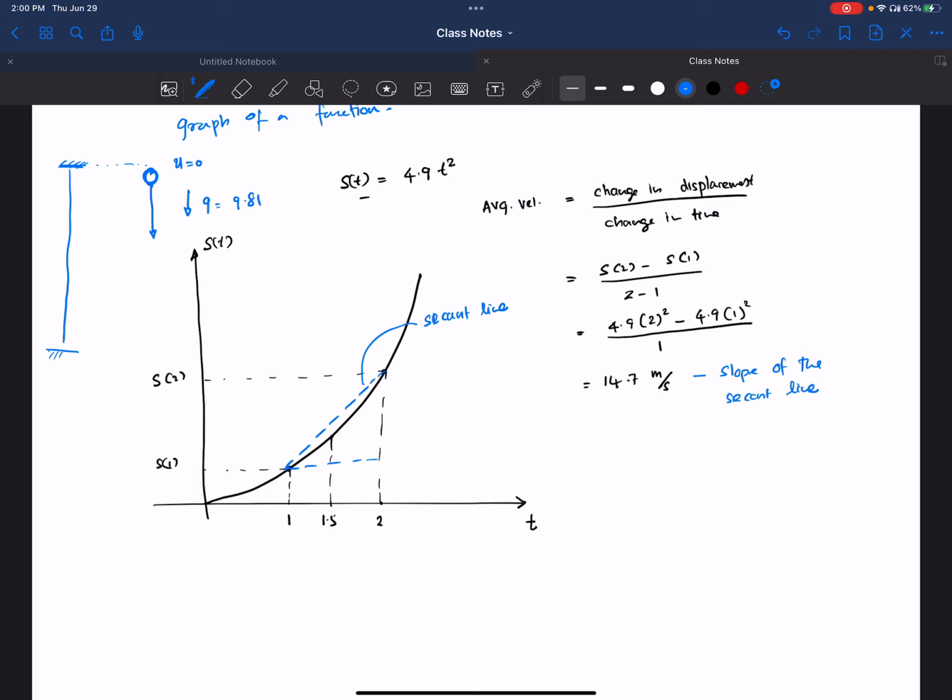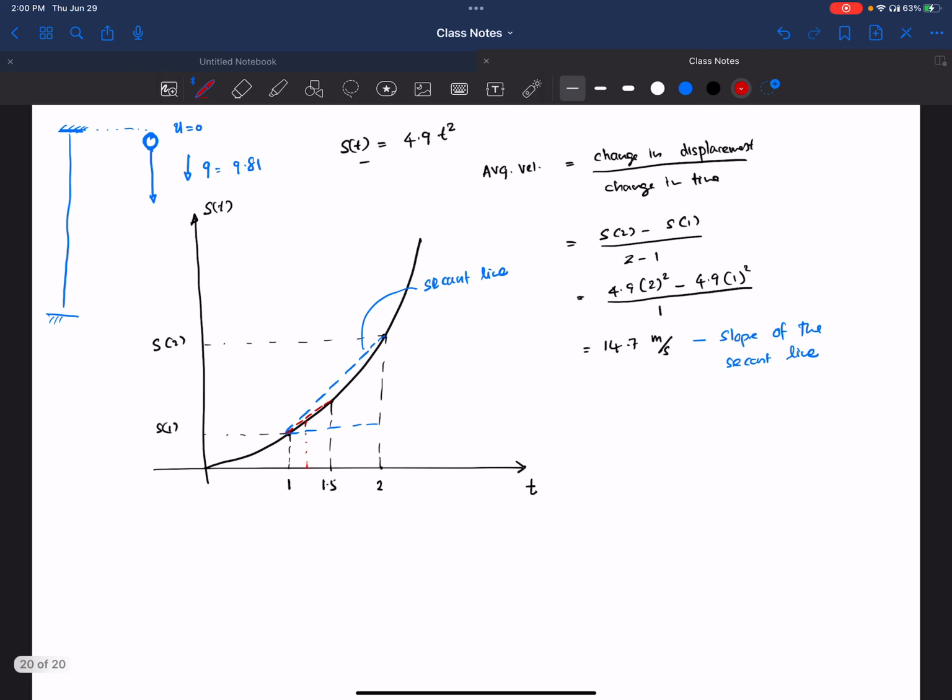Now, when I move this towards 1, the slope of the secant line changes, right? I can move it closer and closer gradually, making delta t smaller and smaller. When t2 equals 1.5, you get average velocity, which you can calculate according to the previous equation.